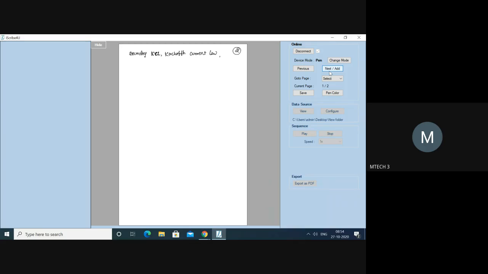According to Kirchhoff's current law, we have I in plus I out equal to 0. That is input plus output current is equal to 0. Therefore, I in is equal to minus I out. Simple equations that we are going to write. Please note down: I in is equal to minus I out.